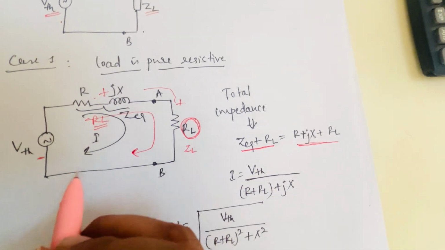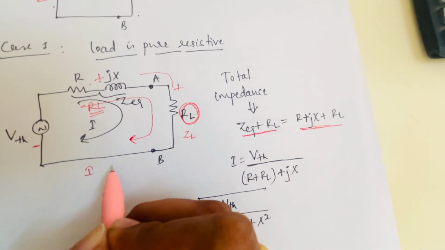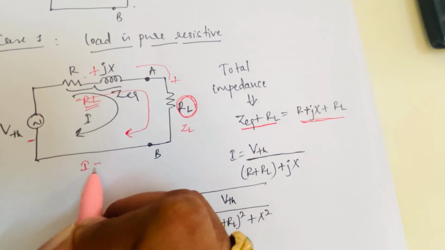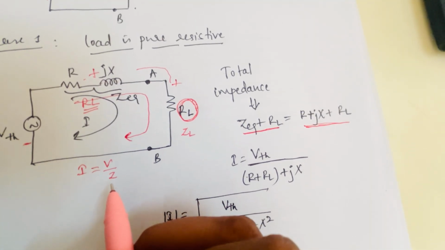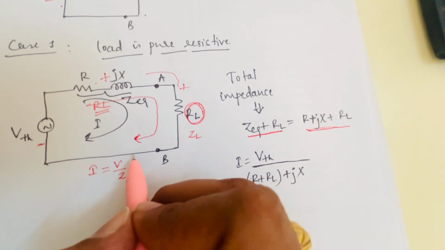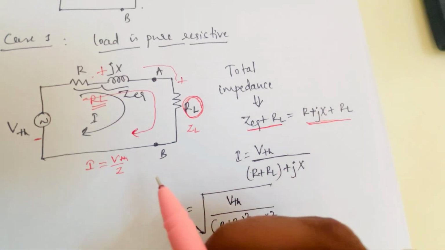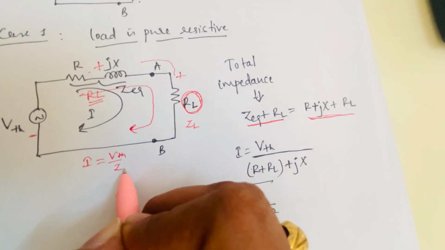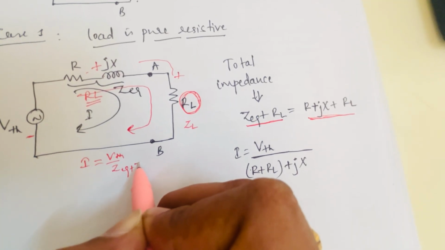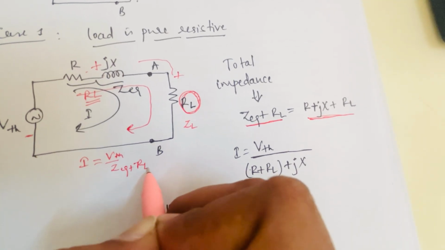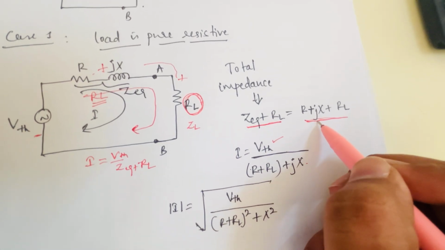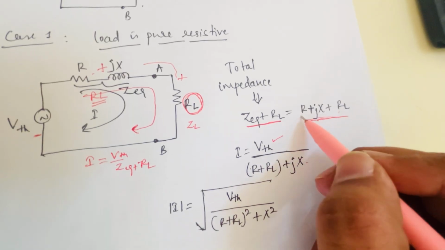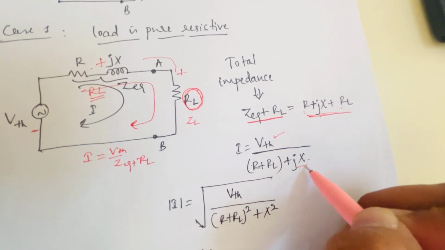The total current I is given by, according to Ohm's law, V divided by Z. V is nothing but VTH, and Z is Z equivalent plus RL. Therefore, I equals VTH divided by R plus RL, the real terms, plus JX.